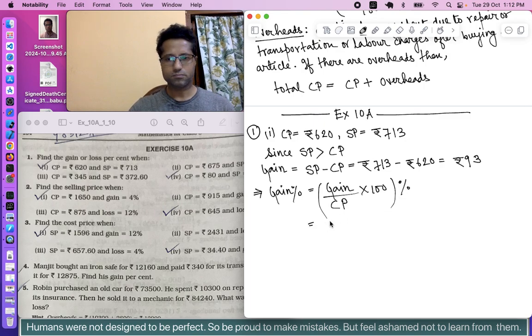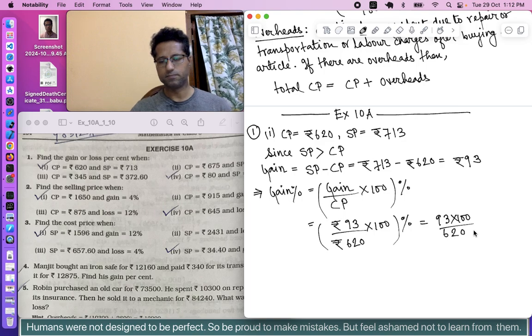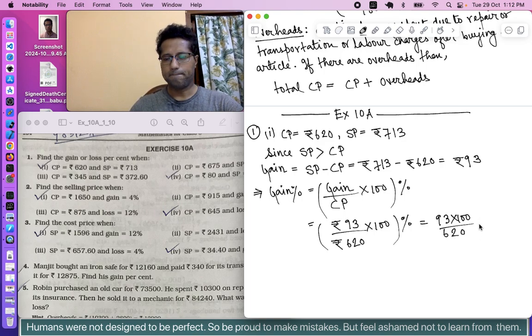Now gain is rupees 93 and cost price is rupees 620, multiplied by 100. Inside the bracket the units of rupees will get cancelled and it will be 93 multiplied by 100 divided by 620, this much percentage.